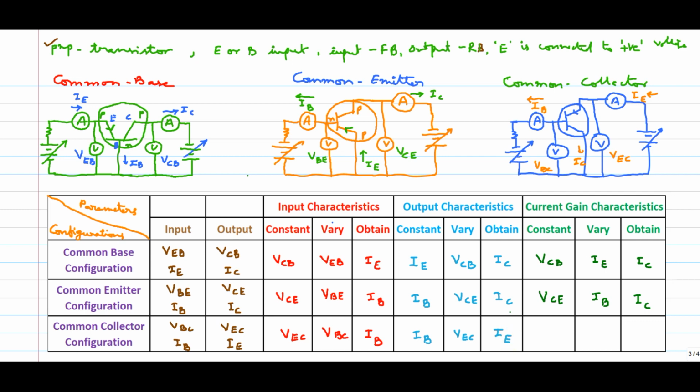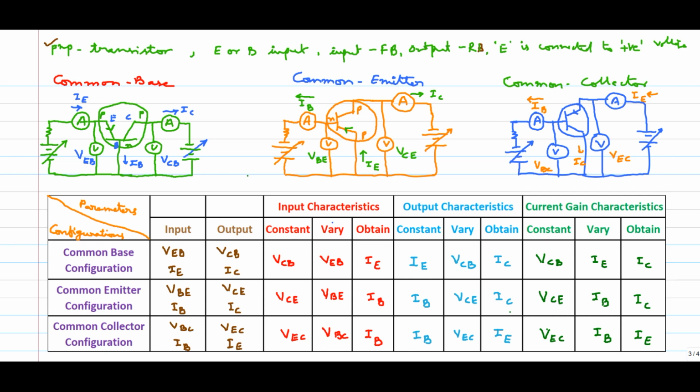Coming to current gain characteristics, make output voltage VEC constant, change input current, and identify output current IE. So these are the different configurations and characteristics, and you should draw the diagrams first.